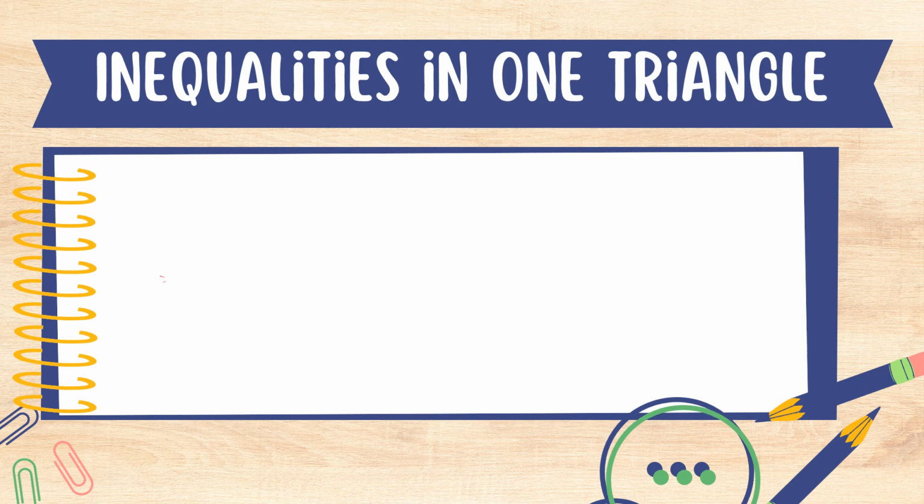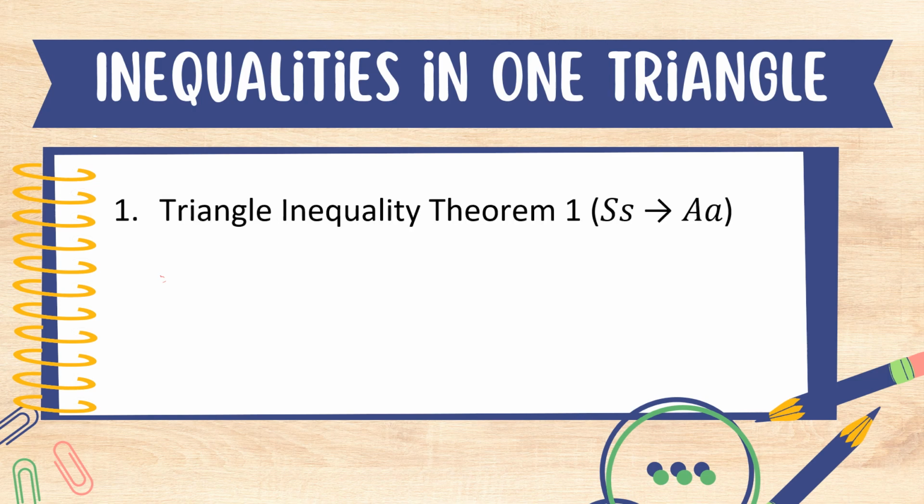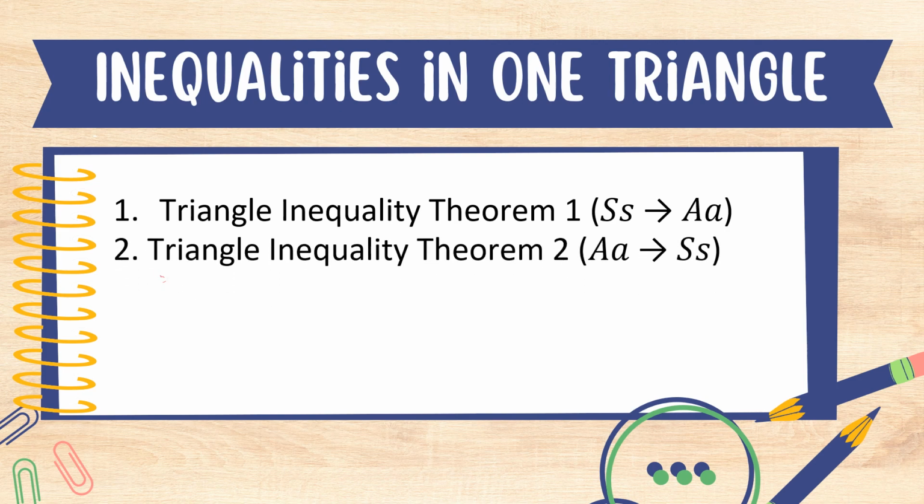Theorems on triangle inequalities are categorized into two. These are the inequalities in one triangle and inequalities in two triangles. For inequalities in one triangle, the following theorems apply. 1. Triangle inequality theorem 1, sides to angle. 2.